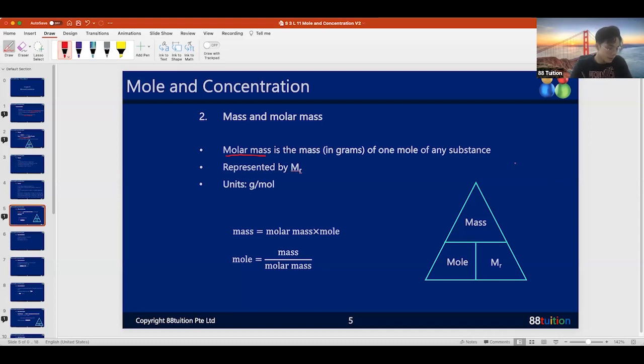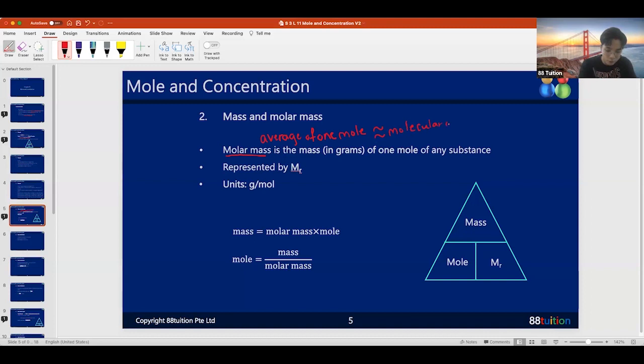The definition of molar mass is the average mass of 1 mole of a substance. But essentially it is usually used synonymously with molecular mass.